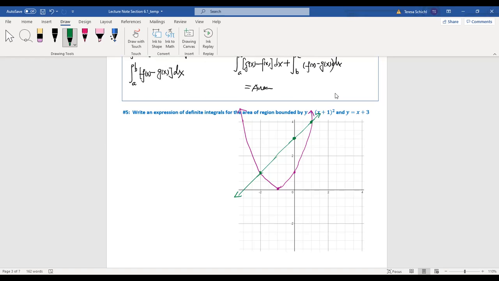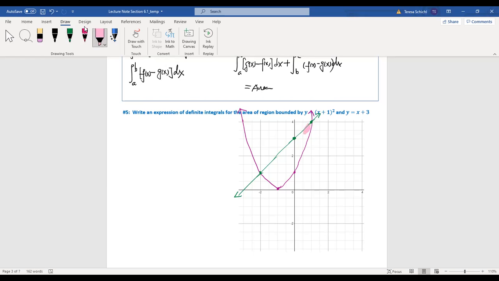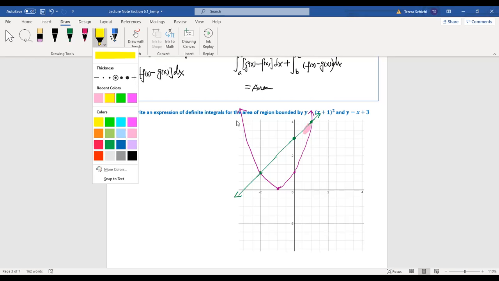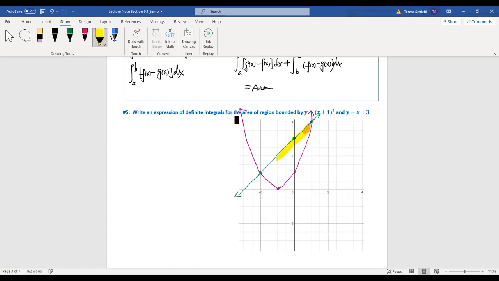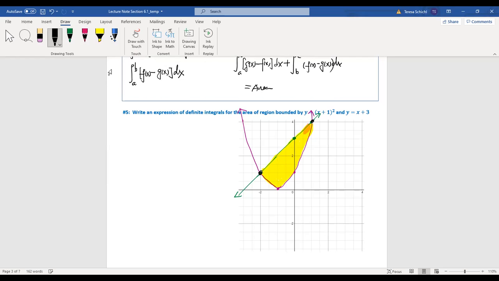So now I'm going to find the area between these two curves. All right, let me try to use a different color. So we try to find this yellow area, right? So this yellow area will be the area we try to find. Just like we did before, the one extra thing here is we need to find the intersection points, right?